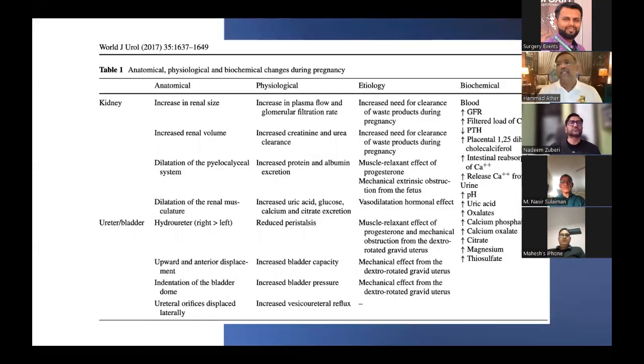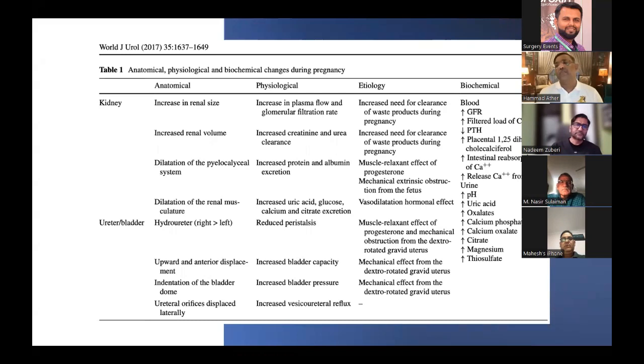So this is very nicely summarized in an article published in World Journal of Urology some 5-6 years back, in which all the different changes, which include anatomical changes in terms of kidney size, and some of the changes that we have talked about, particularly the ureteric stasis, the bladder stasis, the reflux that can happen during this period, are all factors which predispose to infection, along with the various biochemical factors, which include increased GFR.